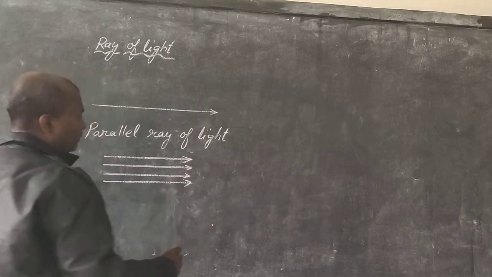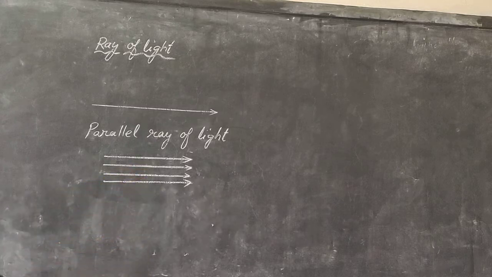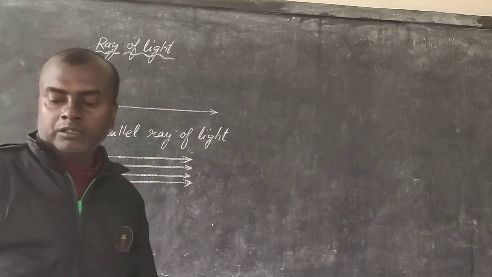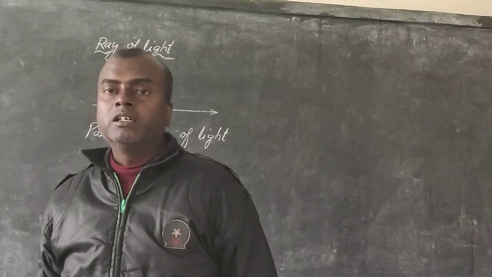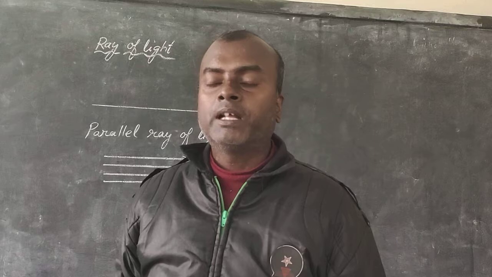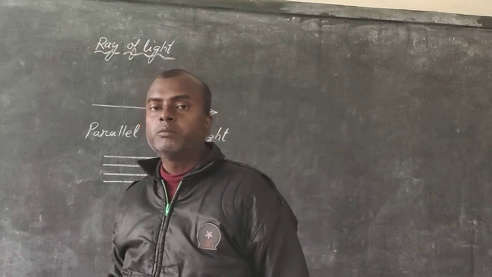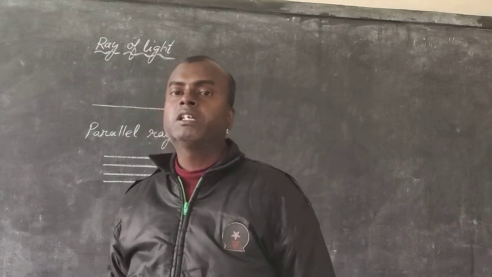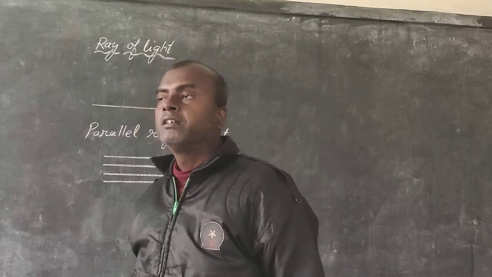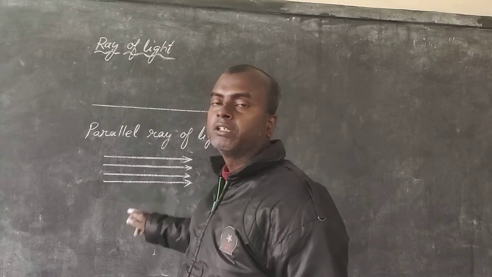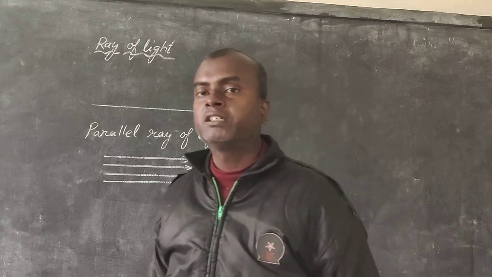The arrow indicates the direction. All these are parallel to each other, so they are called parallel rays of light. Now we say that the sun emits parallel rays of light. Remember, any object which is very far away from us, the light coming from it comes parallel like this. They come in parallel rays of light.